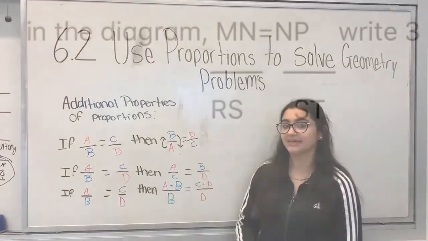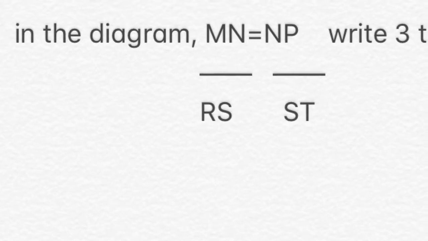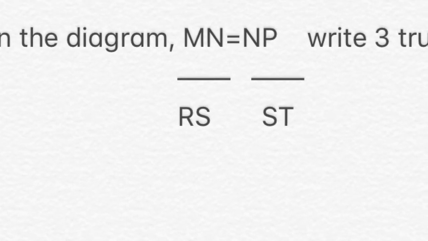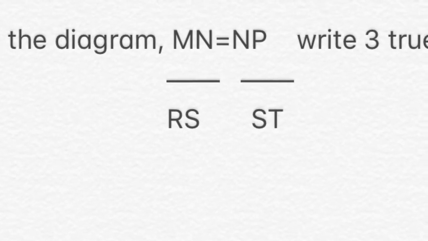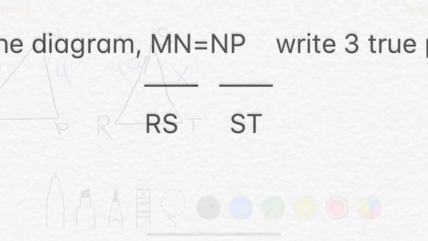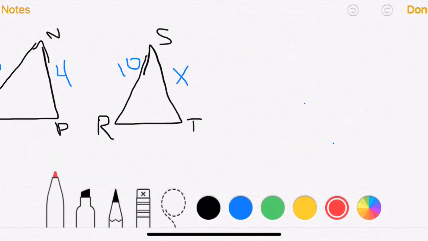Now going on with my examples. In the diagram, MN over RS equals NP over ST. Write 3 true proportions. I know this is kind of hard to see, but bear with me.